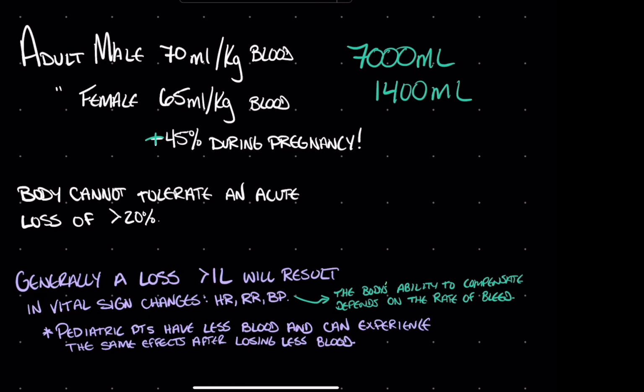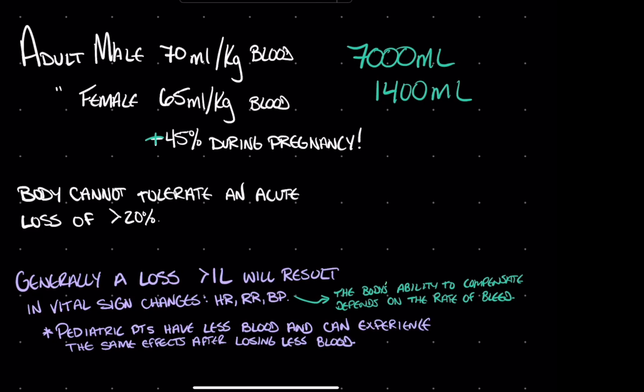If you were to lose 500 mils of blood at the side of the road in 10 seconds or 2 minutes or something like that from a car accident, the body's ability to respond might be completely different because it's not going to have the chance to actually compensate for that sudden drop of pressure. So again, it's going to be dependent on the patient, their comorbidities, and the timeline of the injury.